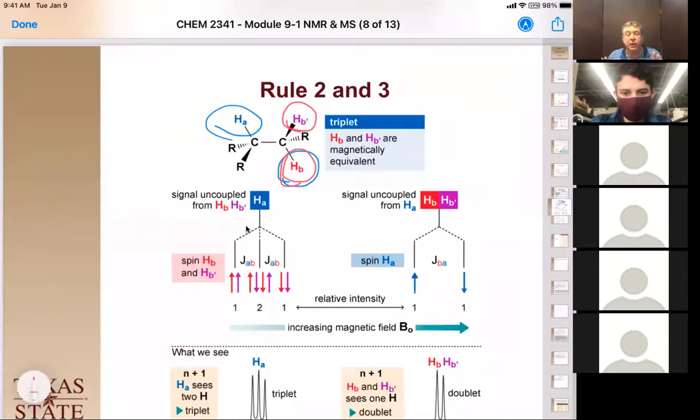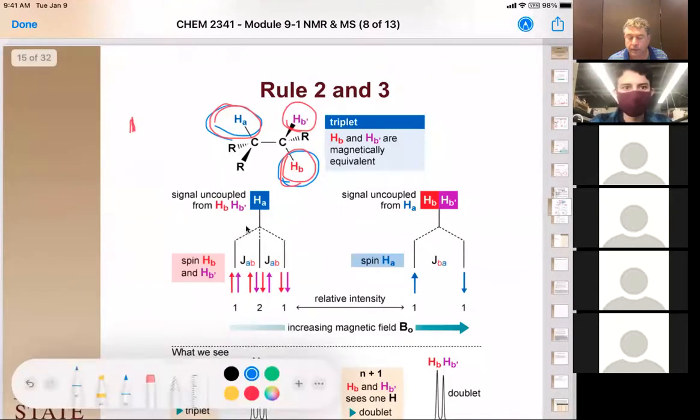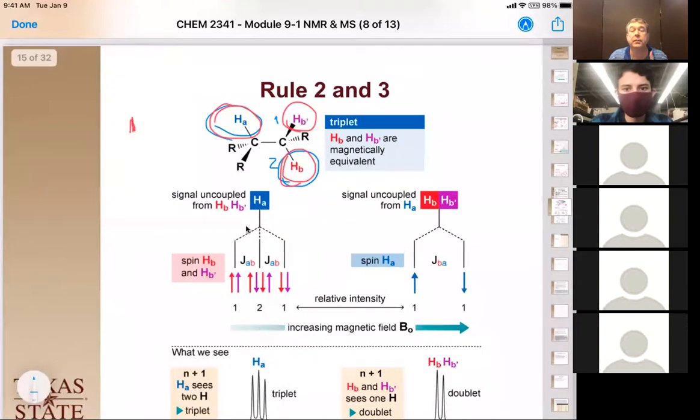Okay, so what we'll look at here is that A right here gets a signal, so that's 1. And then we have 2 hydrogens that are within 3 bonds. So that means we have 2 plus 1 is equal to 3. Okay, so why are we getting 3 peaks here? Well, because we have 2 things that are splitting that single peak.